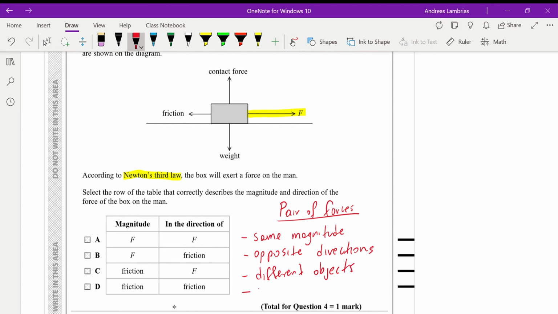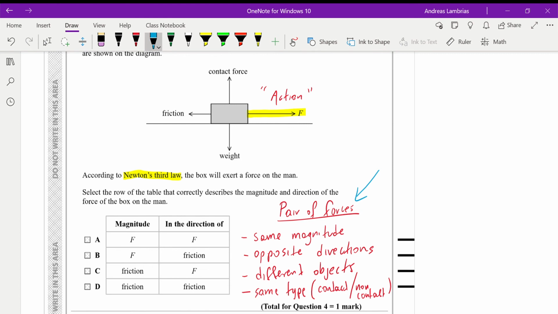And they need to be of the same type. And what do I mean by type? They both have to be contact forces or non-contact forces. So now, if F is the action, the reaction needs to follow these rules.